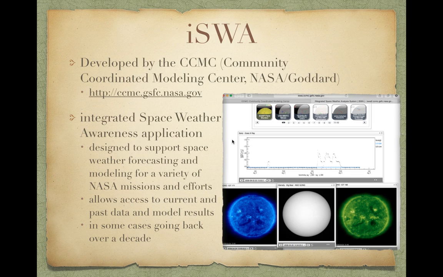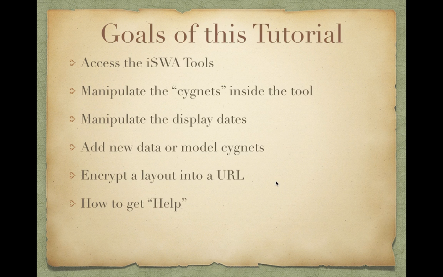In some cases, over a decade of data is available, showing the details of the space environment. So you can trace back over an entire solar cycle or more to look at the data that's available. For this tutorial, you'll see how to access the iSWA tool.